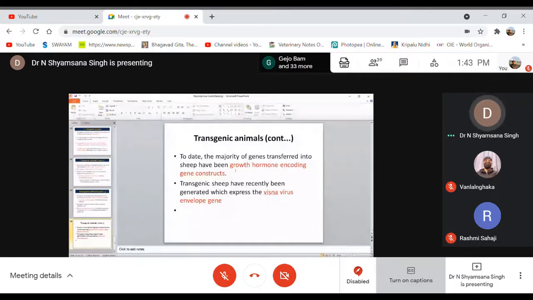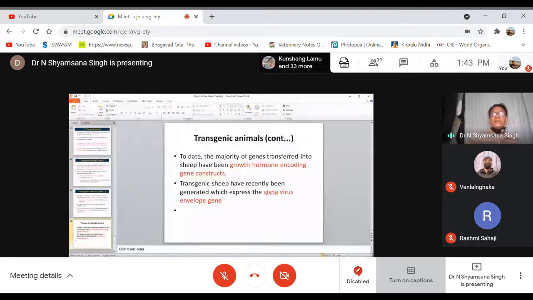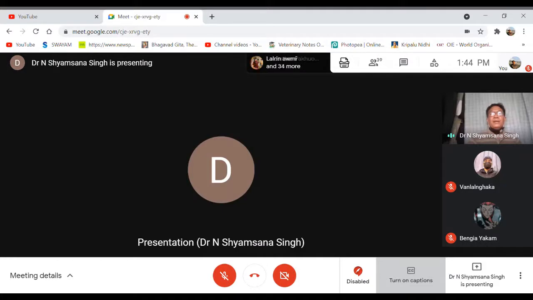In this way, we want to know whether the sheep which receive the growth hormone gene, that is the transgenic sheep containing growth hormone, are having superior growth or not. Then transgenic sheep were also produced for expression of the Visna virus envelope gene. So in this way, science is now developing like anything, especially in the field of biotechnology. So here I am finishing this one.